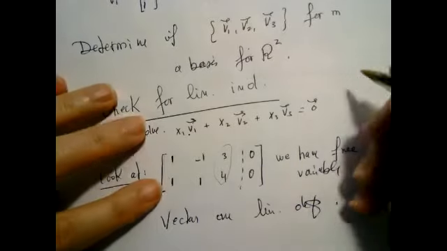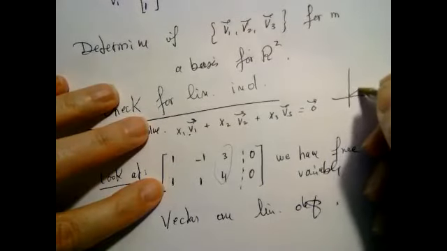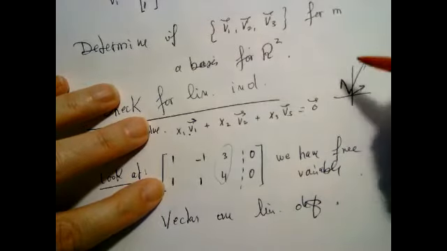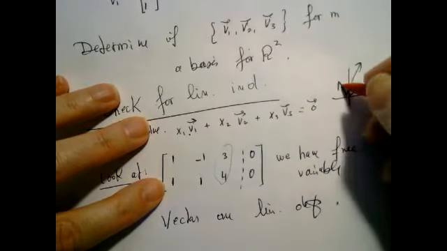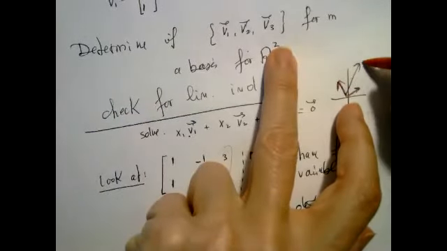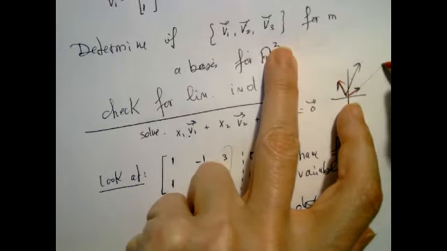Okay? And geometrically, if I have 3 vectors in R2, v1, v2, v3, 2 of them will actually span R2. It means the third, I should be able to write it as a linear combination of the other 2.